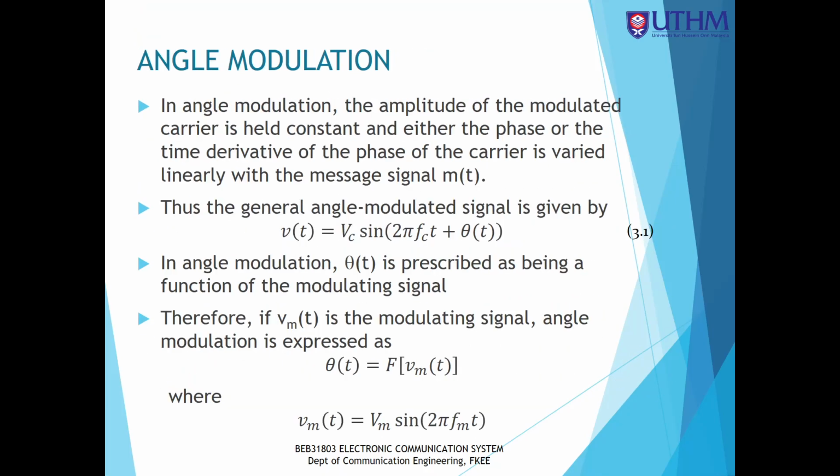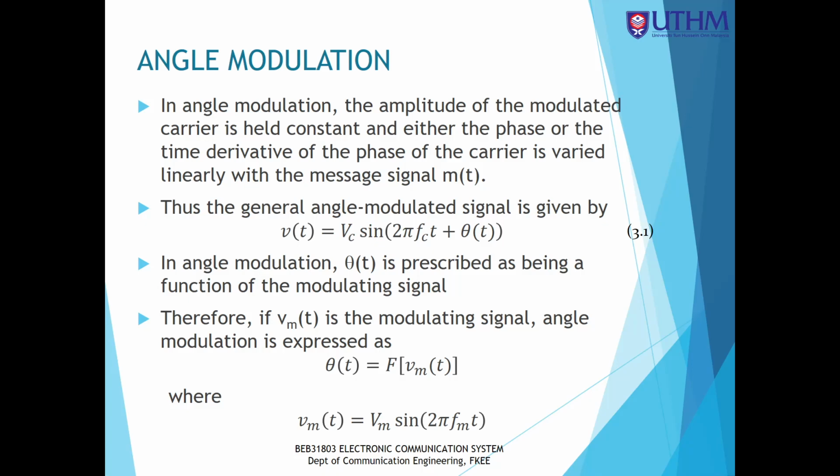For angle modulation, for both FM and PM, remember frequency modulation is the process of changing the frequency of the carrier in accordance with the amplitude variation of the input message signal, whereas phase modulation is the process of changing the phase of the carrier in accordance with the amplitude variation of the input signal.